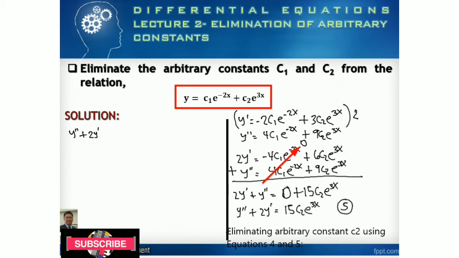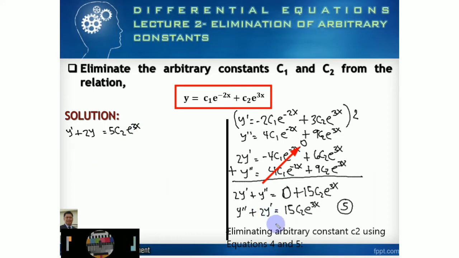Our equation 4 is actually y prime plus 2y is equal to 5 C2 times e raised to the power of 3x, which is our equation 4.